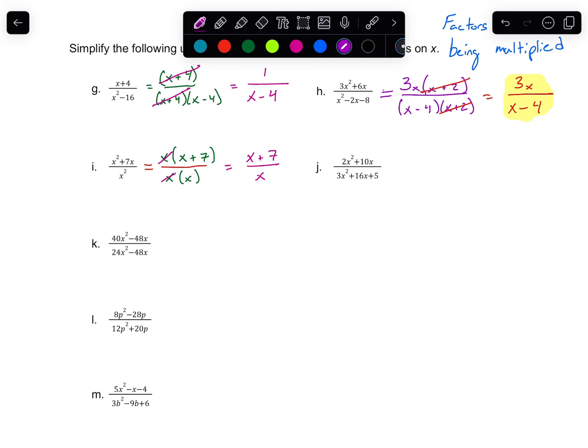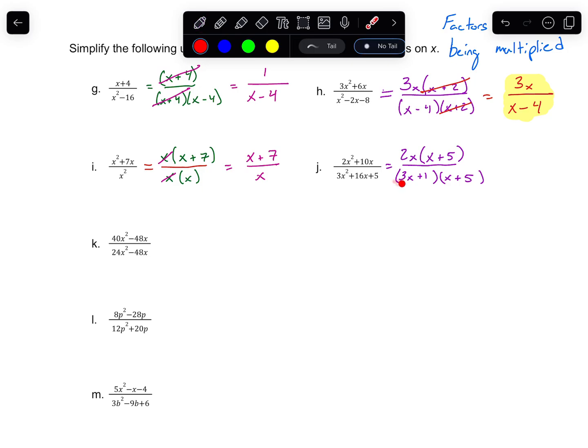Okay, so as we look at J, looking up top, usually when we have binomials, we're going to be looking for a greatest common factor unless we have a difference of squares. Looking at 2x squared plus 10x, my greatest common factor is going to be 2x. So that leaves us with x plus 5 when we factor out that 2x. And then looking at our denominator, we've got 3x squared plus 16x plus 5. I can factor that to be 3x plus 1 and x plus 5.